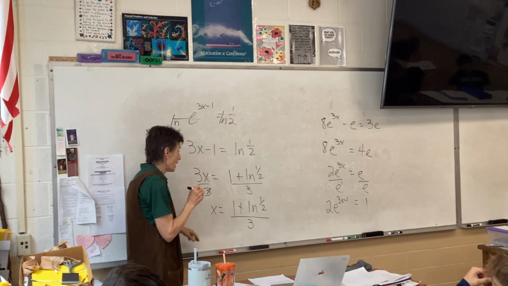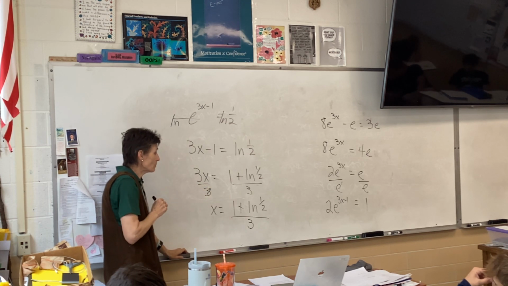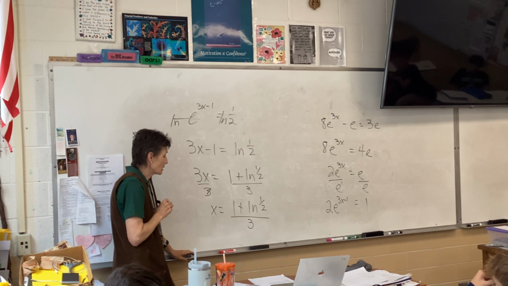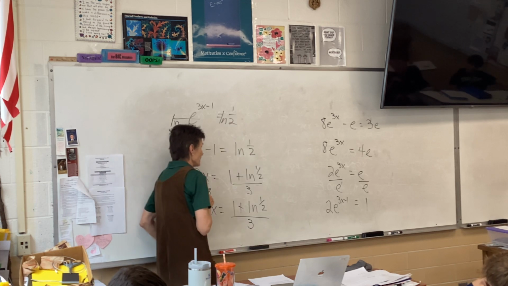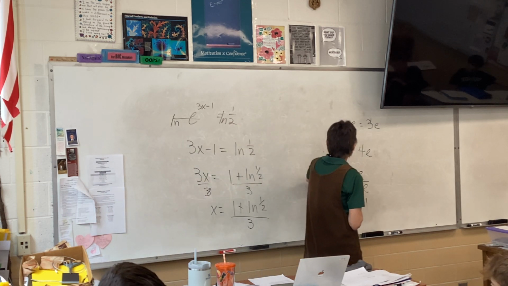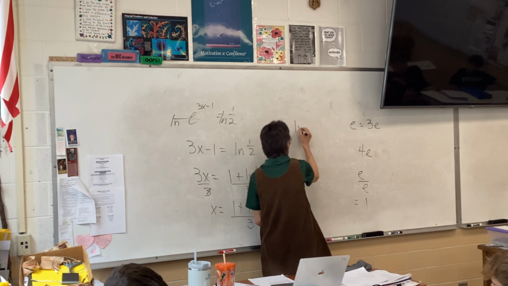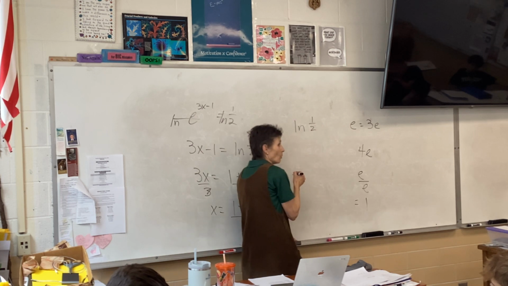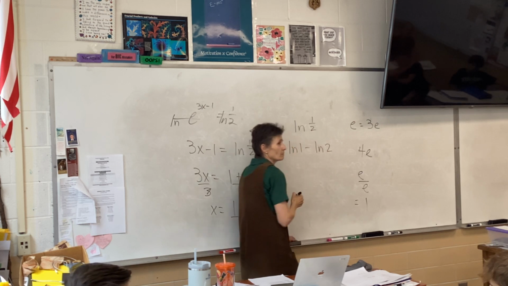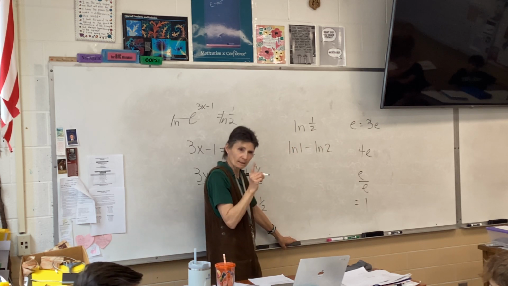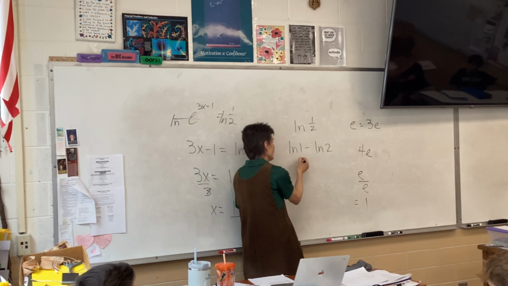Now, I don't know how picky they're going to be, but let's just take a second and look at ln 1/2. Would you agree that's ln 1 minus ln 2? And what's ln 1? 0.